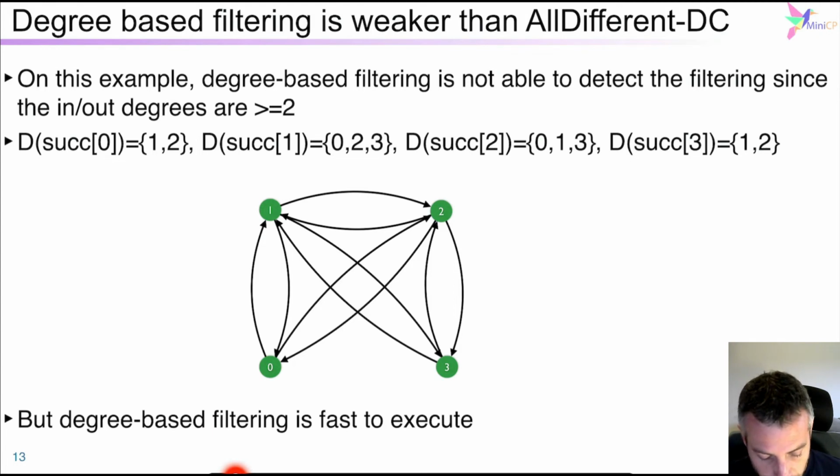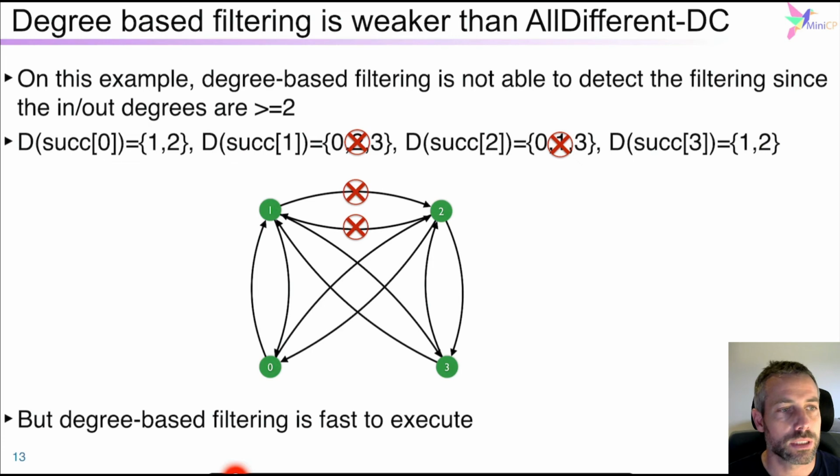You see that the successor of 0 is 1 or 2, and the successor of 3 can also be 1 or 2. As a consequence, we note that 1 and 2 will be taken by the successors of 0 and 3, and so the value 2 cannot be used in the successor of 1, and the value 1 cannot be used in the successor of 2. And so we can remove these two edges, because otherwise there is no possible solution for which 1 and 2 are still available for these two cities.